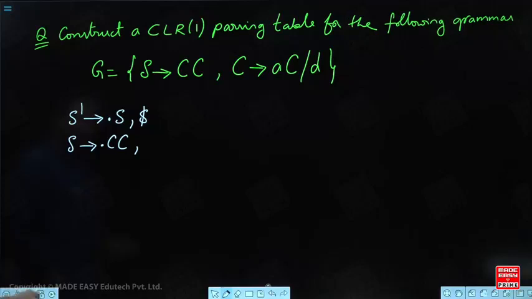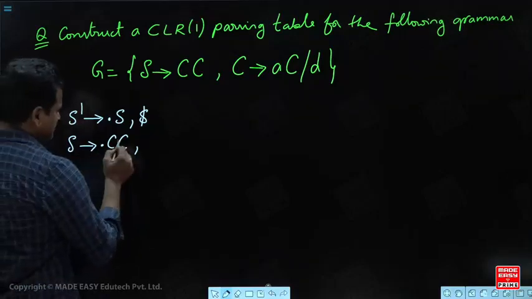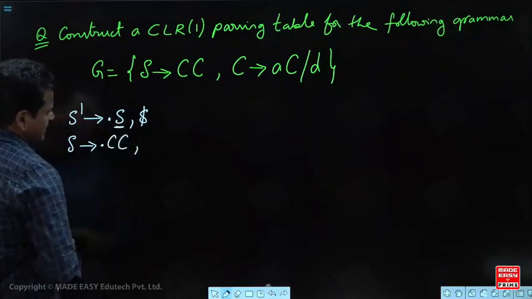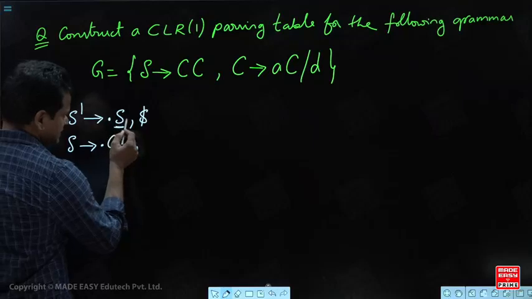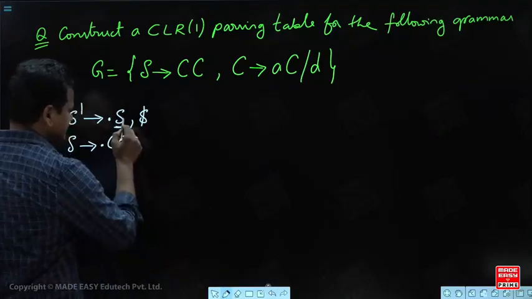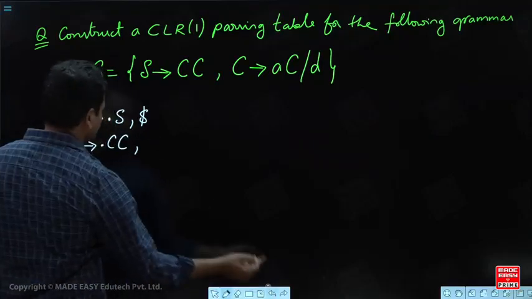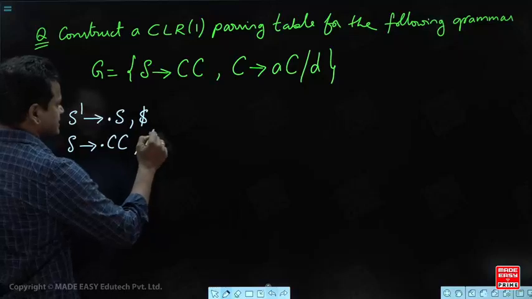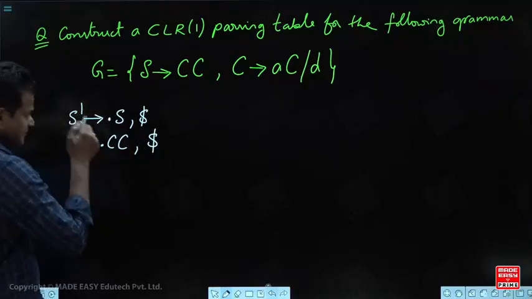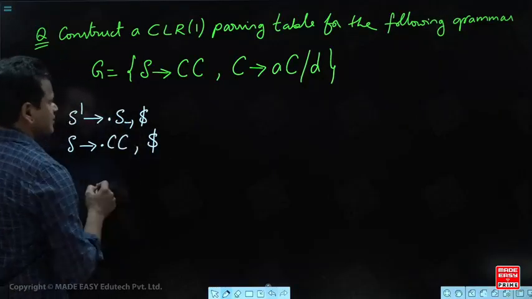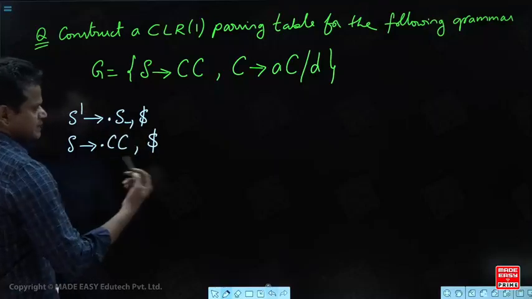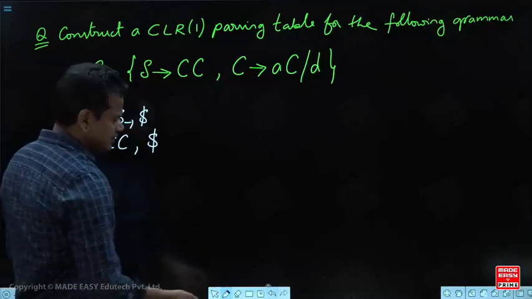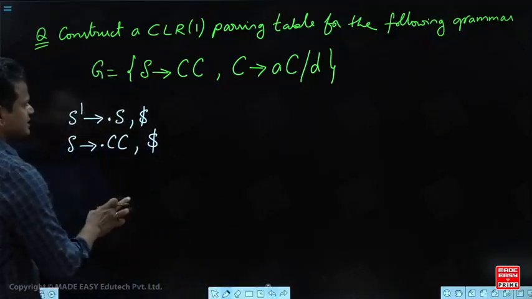We wrote this production from this place, and to the right side of S, nothing. When there is nothing, I told you, copy the look ahead. Otherwise, if you want to follow the procedure, here beta is epsilon and a is dollar, so first of beta a, epsilon dollar, is dollar. First of dollar is dollar. Anyway, you get the same.